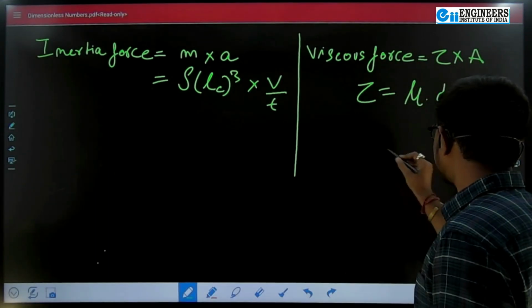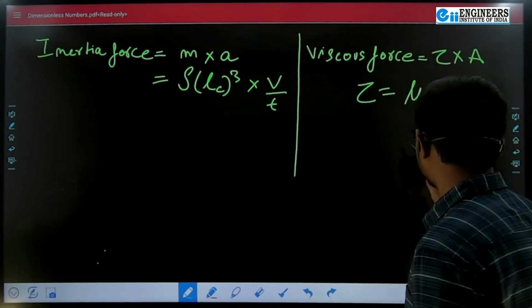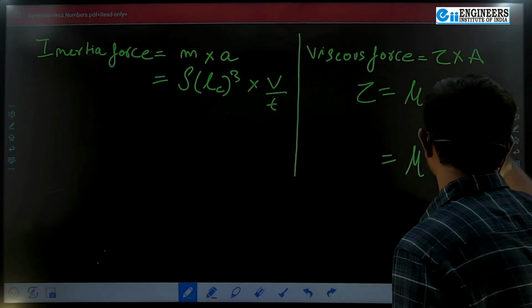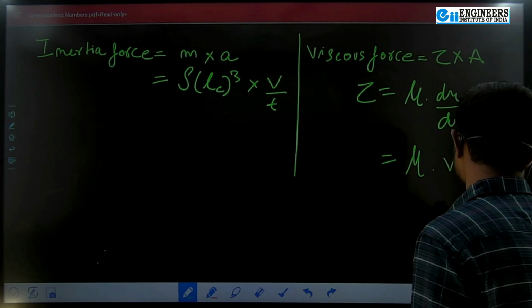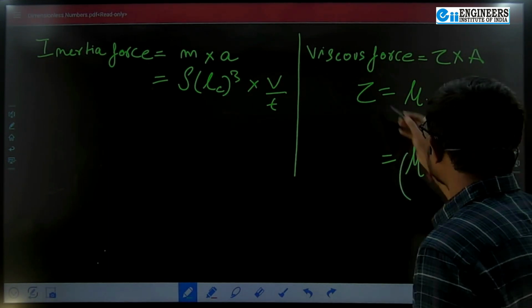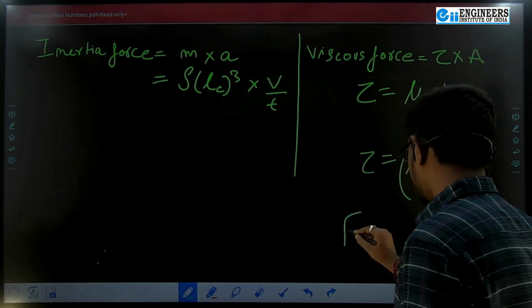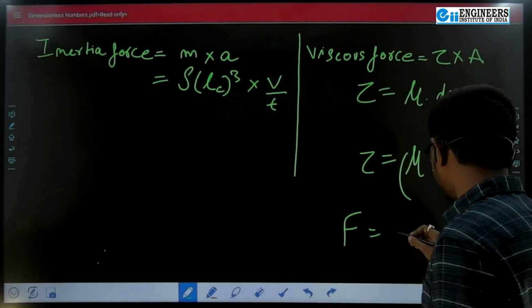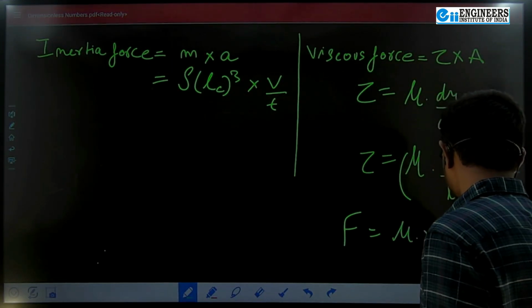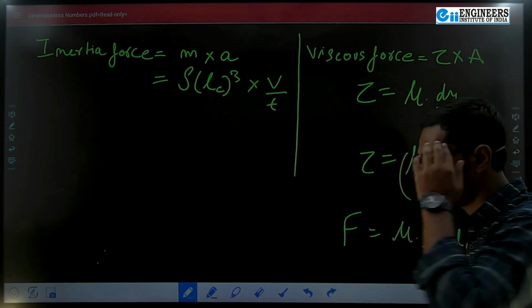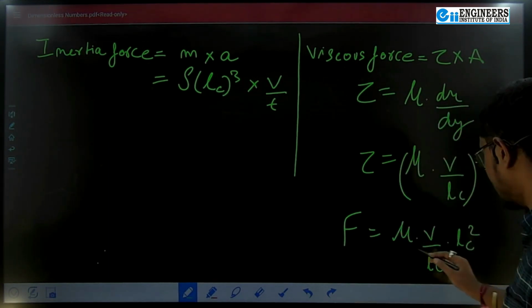Let us write it in dimensionless terms. Mu is the dynamic viscosity, du we can write as velocity, and dy we can write as LC. So F equals tau into area, which turns out to be mu into V divided by LC and into area, that is LC square.